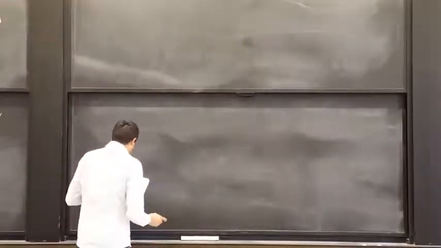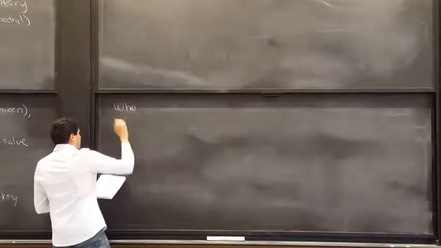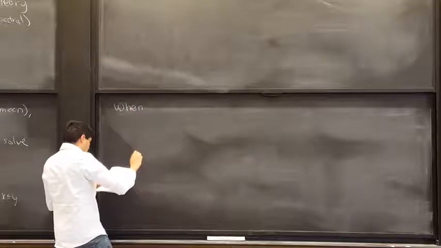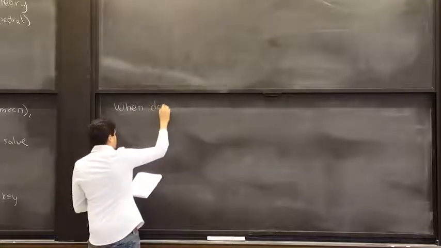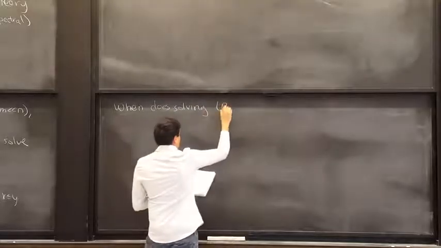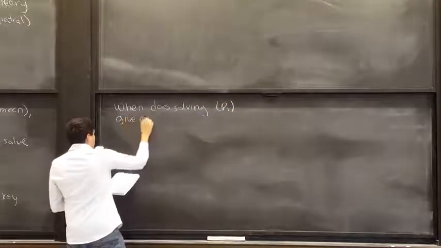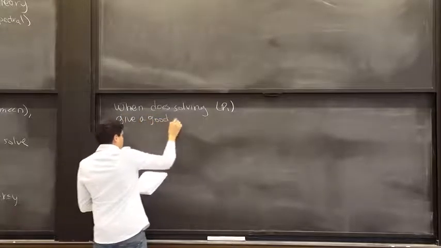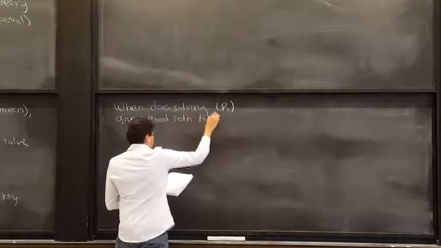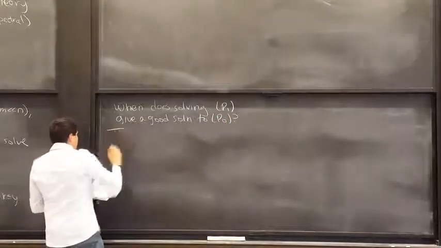I think it's the most pain-free way to do this. So let me try to answer the question now, or at least tell you something about what's known about when solving P1 gives a good solution to P0.